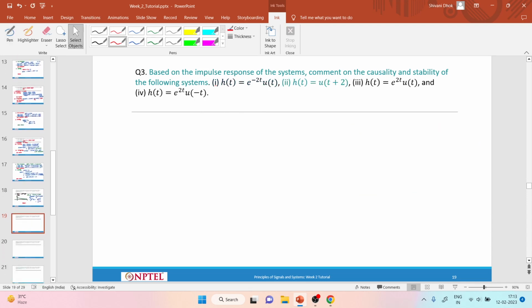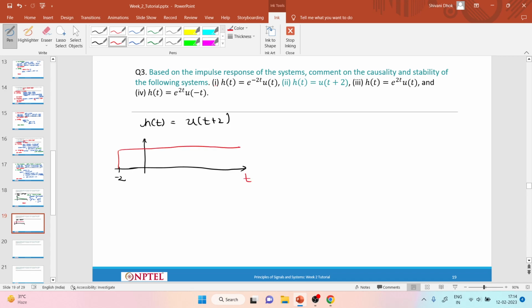Okay, let us look at the second part. That is, I am having h of t equal to u of t plus 2. So this signal looks something like this. Your u of t starts from t equal to 0, but this is a shifted version, so it will start from minus 2. At minus 2, it will take a value of 1, and then it will extend till infinity.